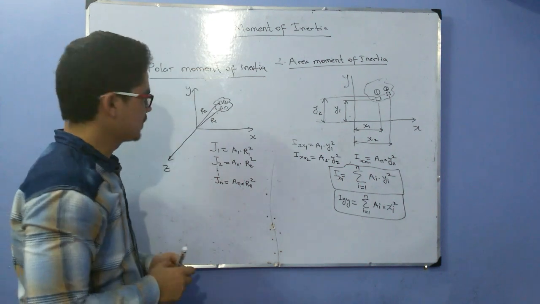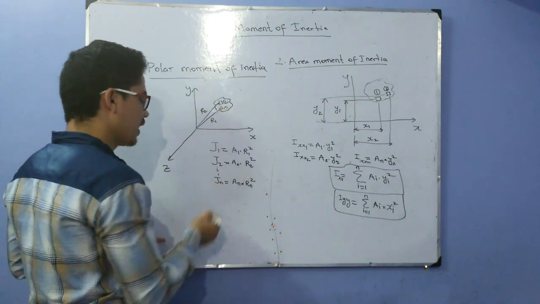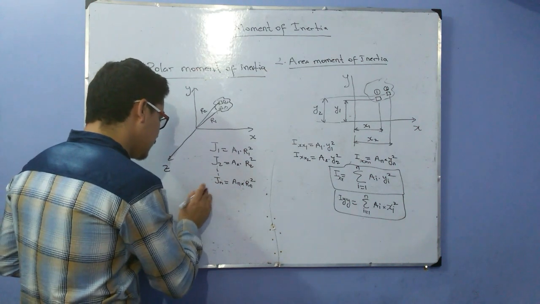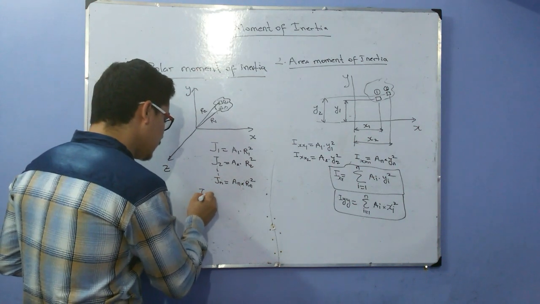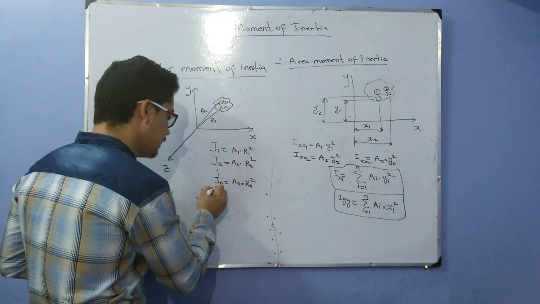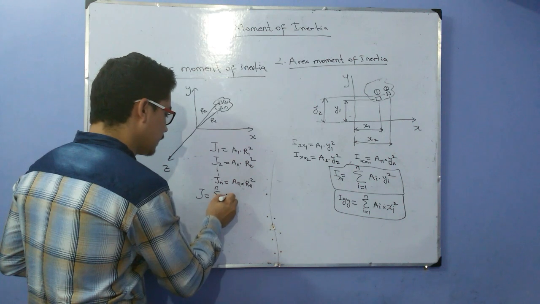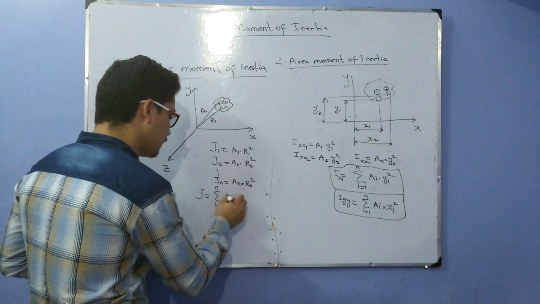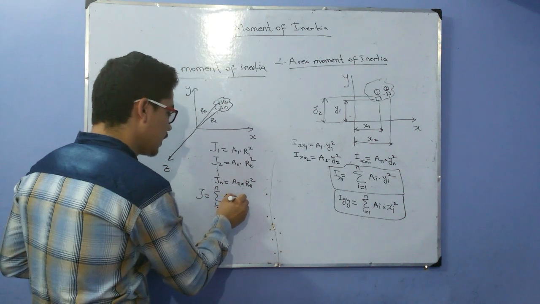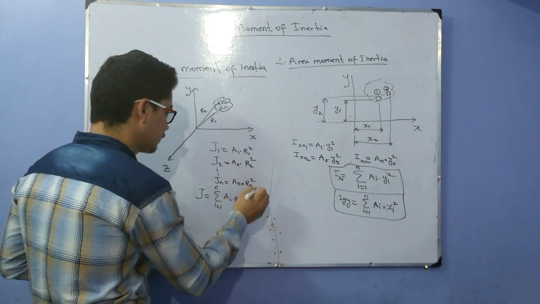Now, summing up these for the entire object, if I want to have the polar moment of inertia, I will have J is equal to sigma i, starting from 1 ending at n, Ai into ri square.